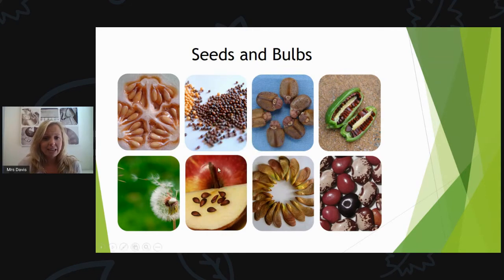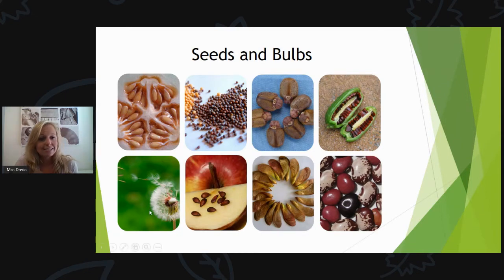Like, for example, here, there's apple seeds, isn't there? What other fruits can you name or what other foods can you think of where there's seeds in them? I'm sure you've come up with lots. It might be something to keep an eye out for.